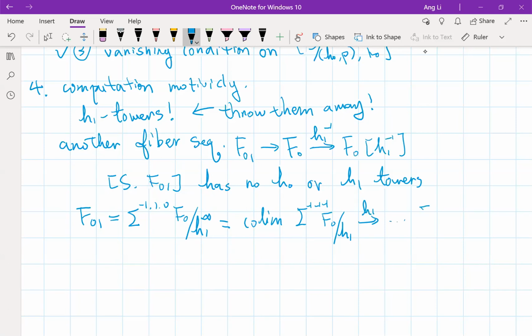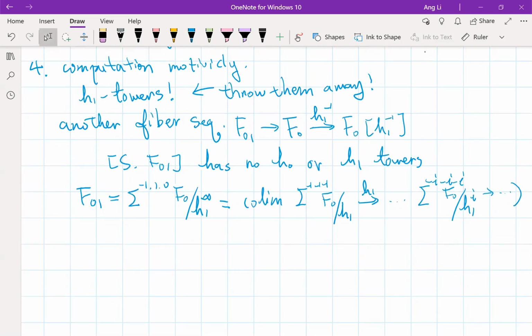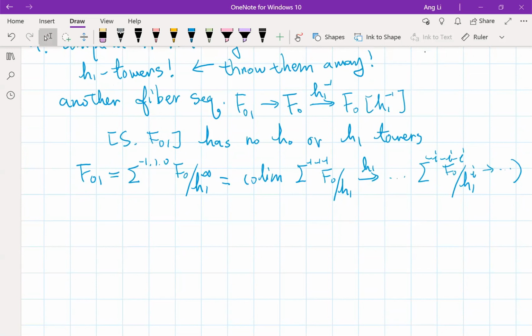So in the middle, you will get shifting I and H1 to the I. All right, so this is for computational purpose.